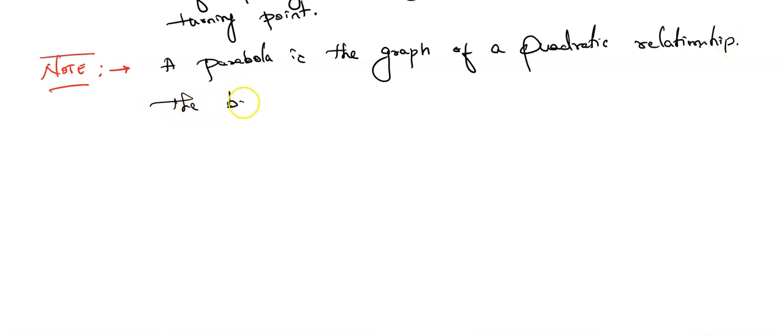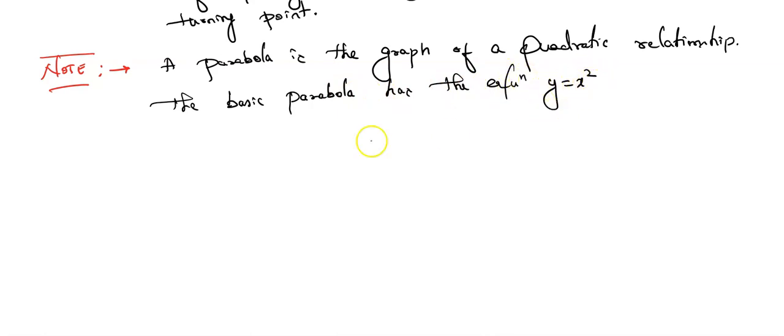Next, the basic parabola has the equation y is equal to x square. Next, the vertex, that's nothing but the turning point.